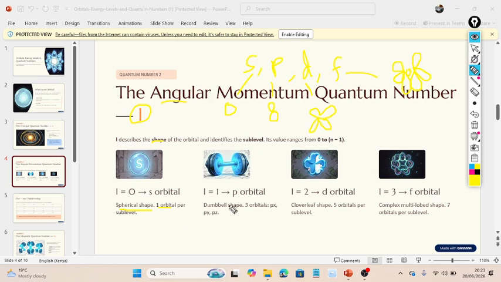The p orbital is dumbbell shaped, and it has three orbitals dwelling in it, and we're going to allude to these three later on in our course.